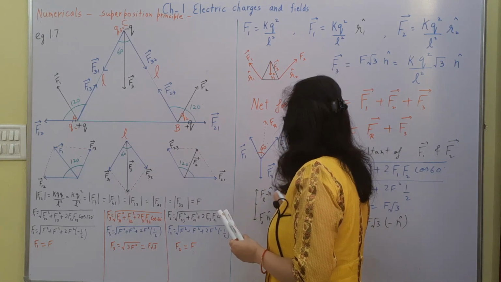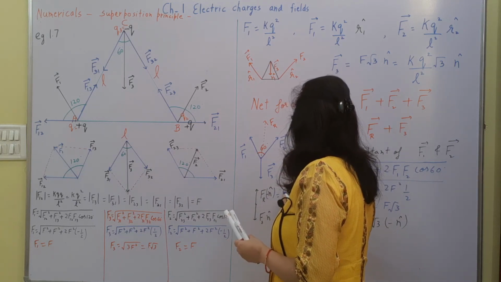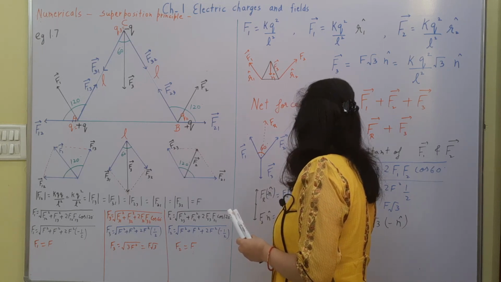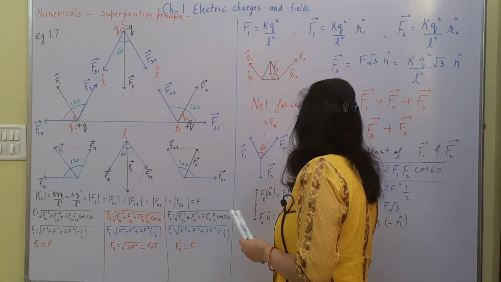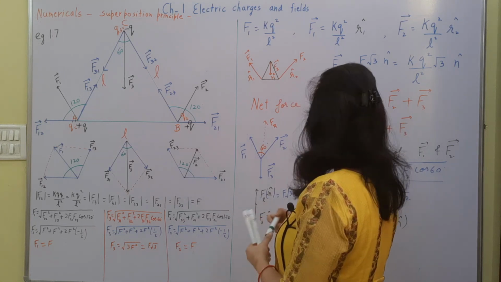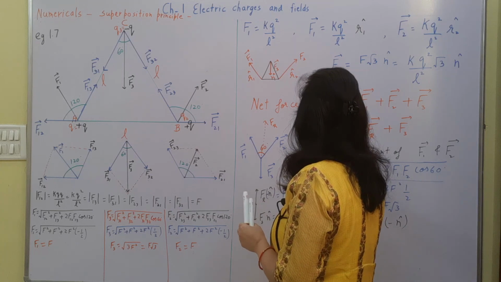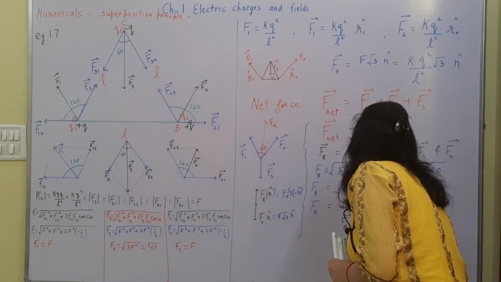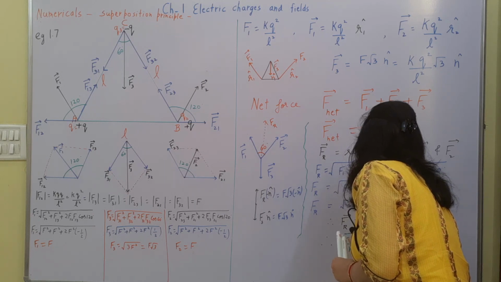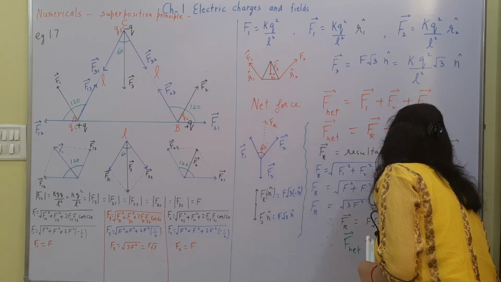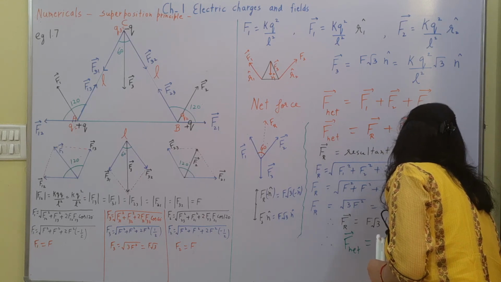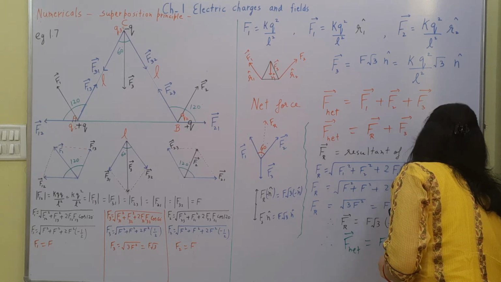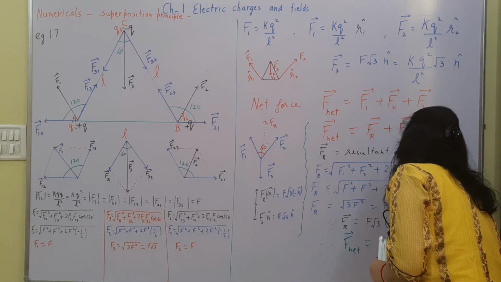So this is equal to F root 3 minus n cap, and this is F root 3 n cap. So the resultant, the F net comes out to be 0.